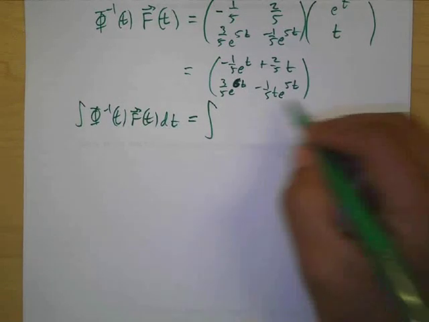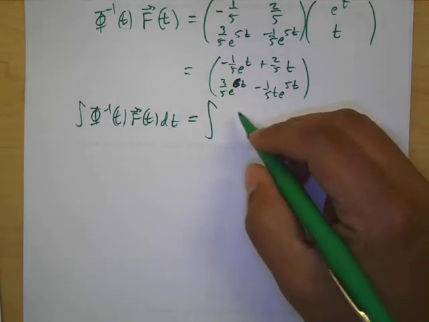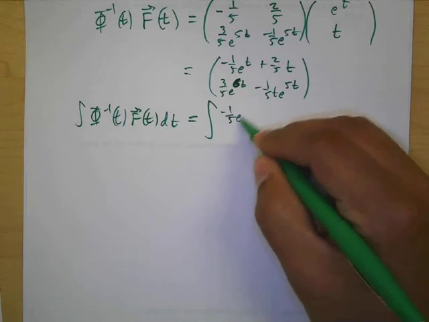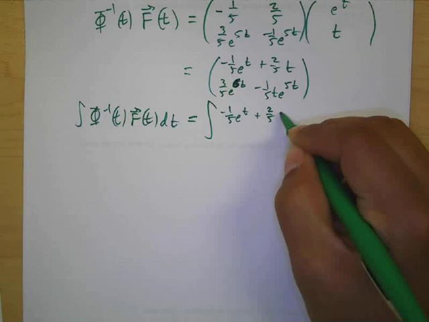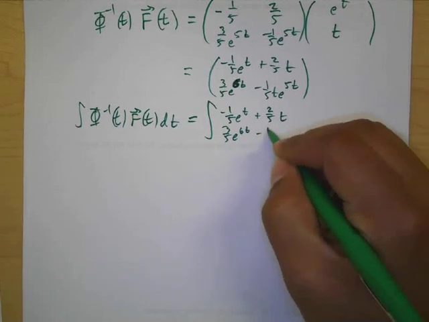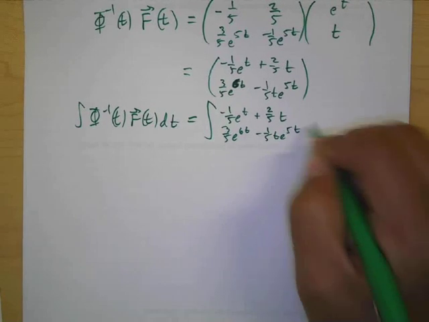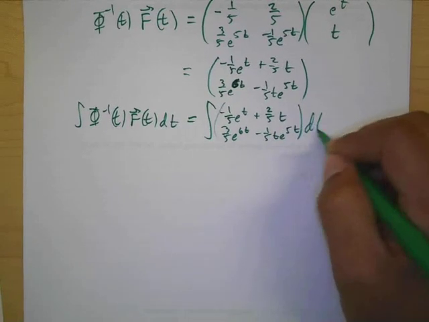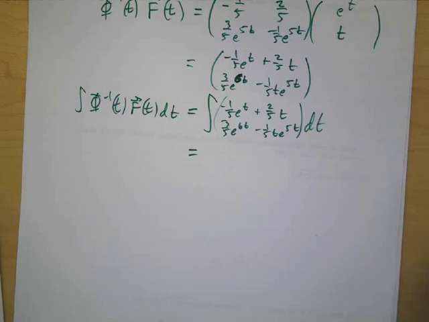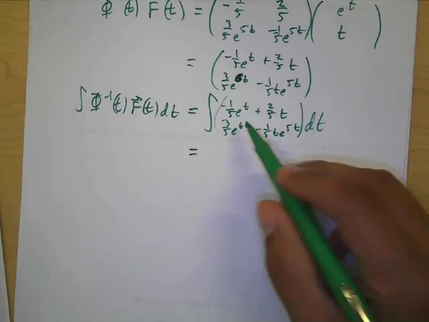So now we're going to go ahead and integrate this matrix. You're adding constants. And when we integrate, let's see, the first part isn't so bad.